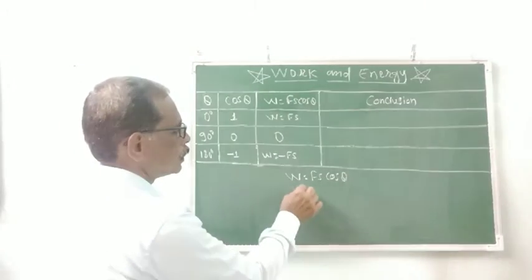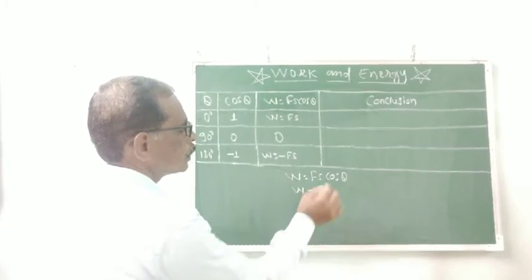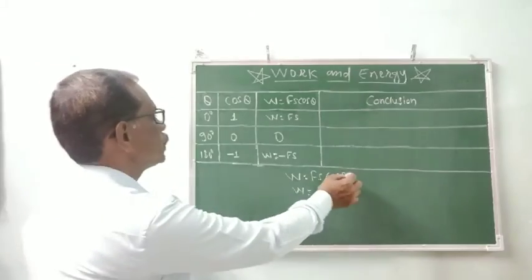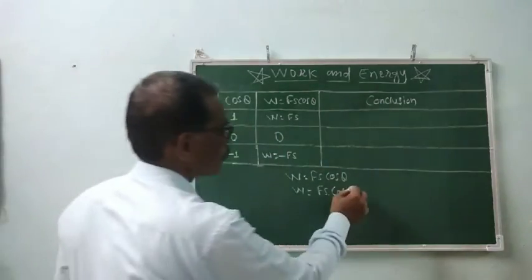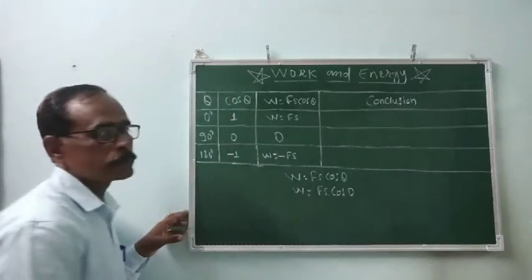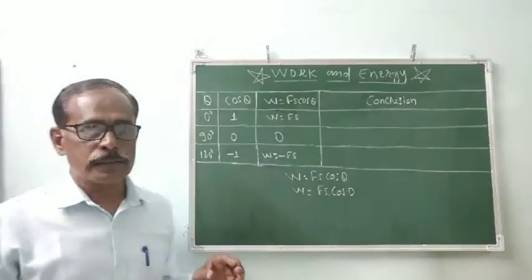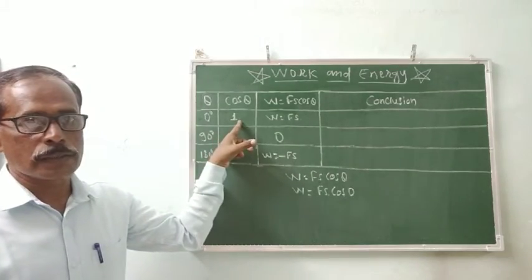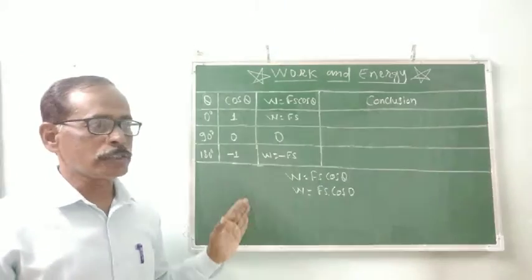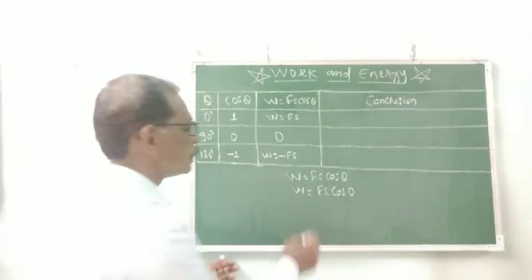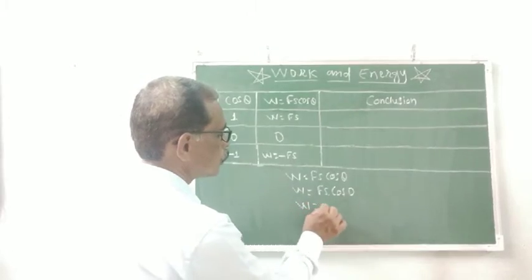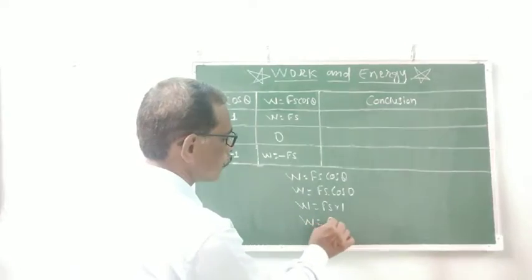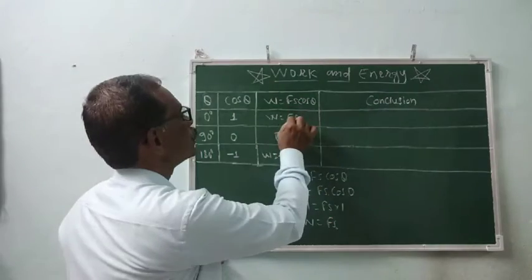Here the value of theta is 0, and we know that cos 0 is 1, they are also given here. We put the value of cos 0, that is 1, then we get W equal to Fs into 1, so W equal to Fs.